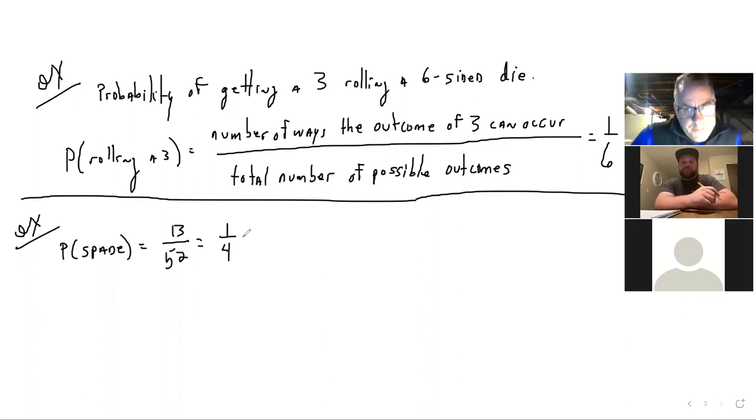Will it ask for decimal form, or would you like us to leave it as a fraction? It'll specify in the homework. If it does, it'll tell you how many decimal places. In this case, it terminates: 1/4 is 0.25. Now, like the 1/6, I think that's repeating. 1/6 is 0.1 and then 6 repeating.